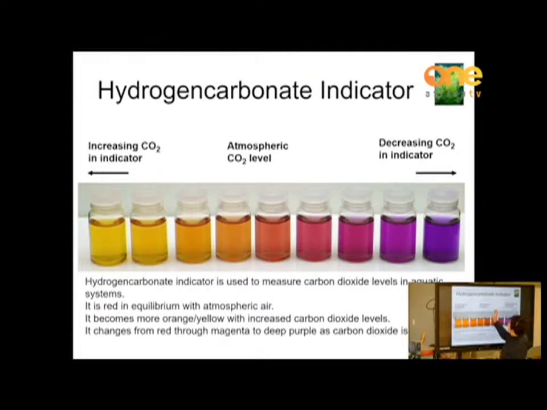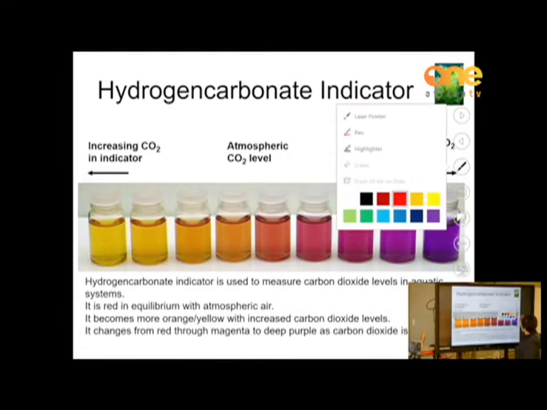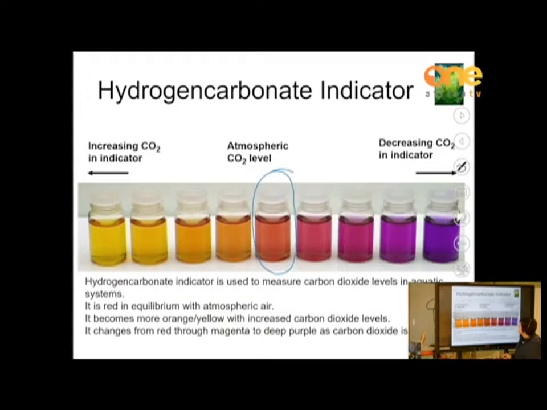When we look at the hydrogen carbonate indicator, the middle color is the color that we will find the indicator when we have it in normal atmospheric carbon dioxide, which is about 0.03% carbon dioxide. We will see a red color.